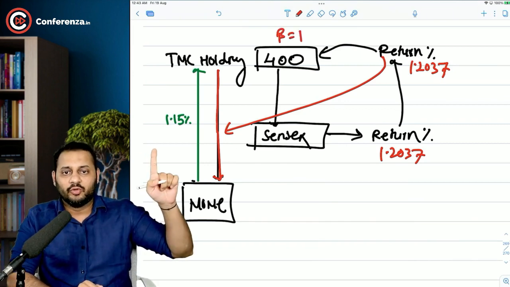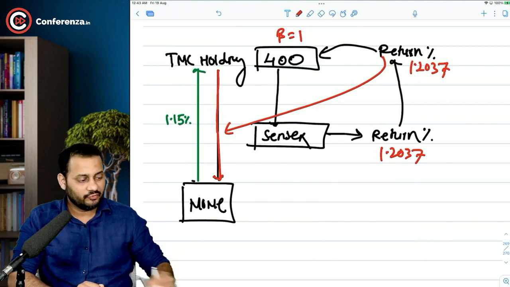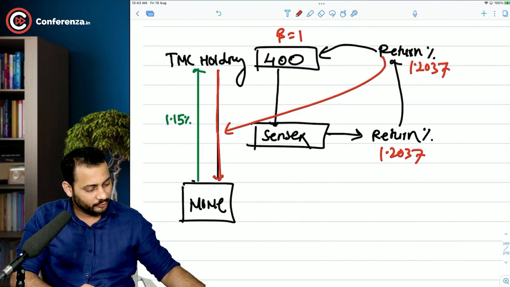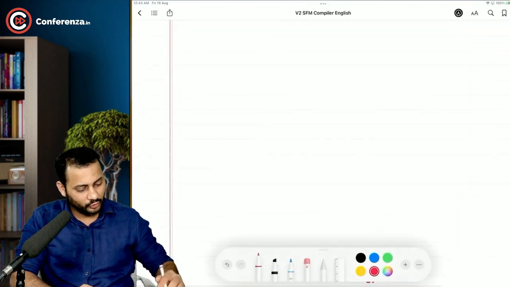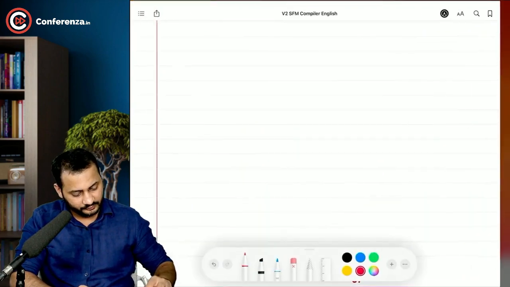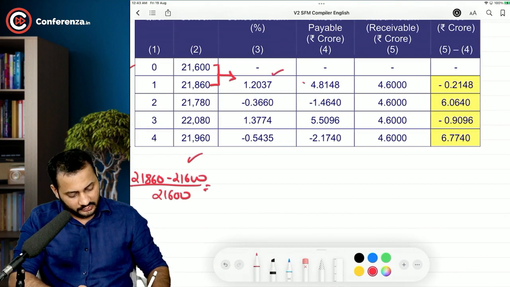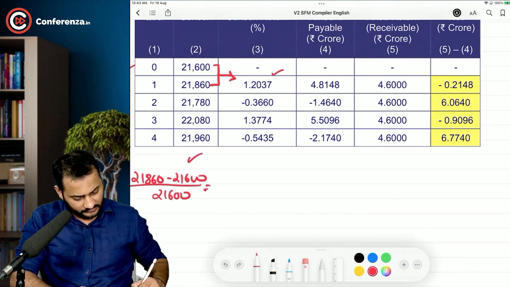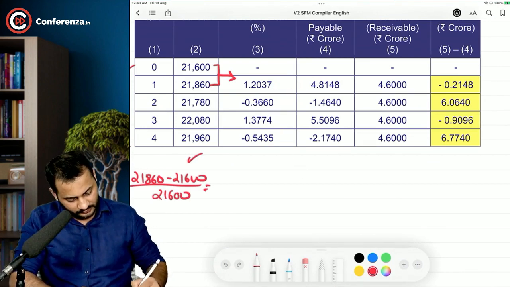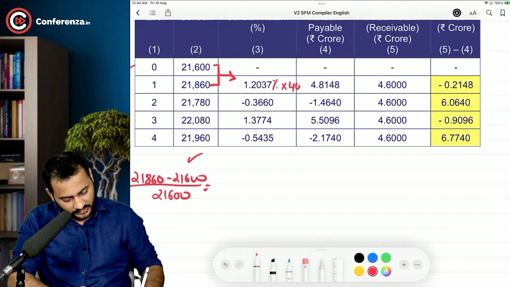Now calculate 1.2037% of 400 crore. 400 into 1.2037%, that's 4.8148. How did we calculate this? Simply percentage multiplied by 400 crore.